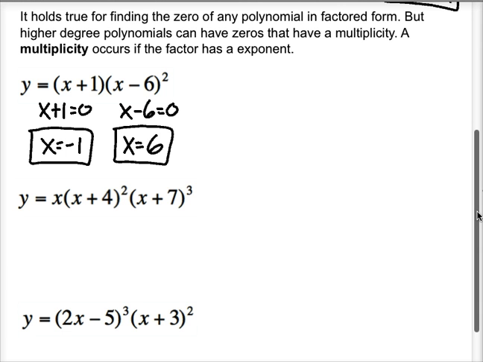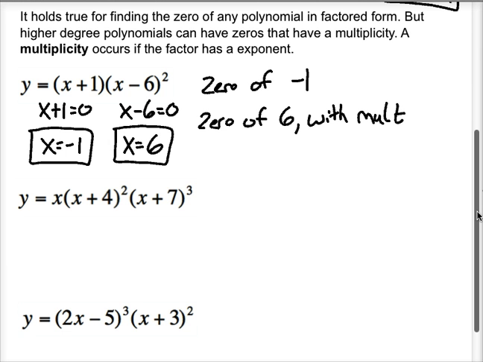So you have a 0 of -1 and a 0 of 6 with multiplicity 2. Now what I mean by that is notice this 2 that was on that factor.